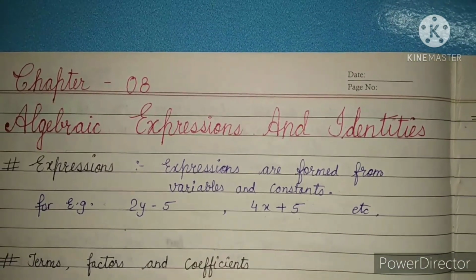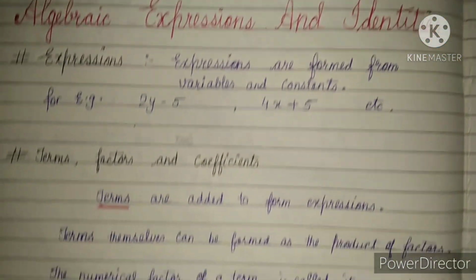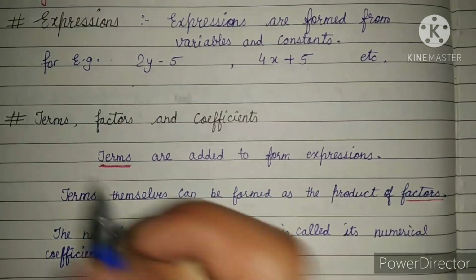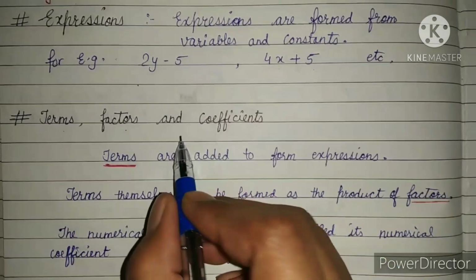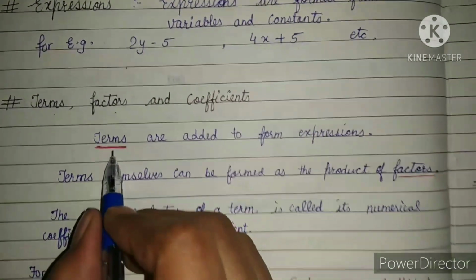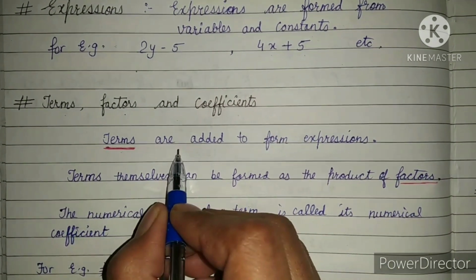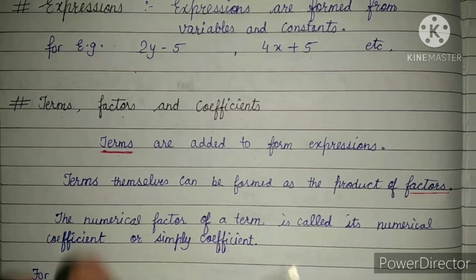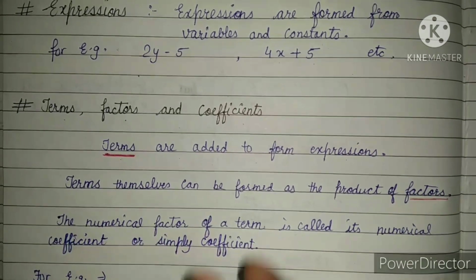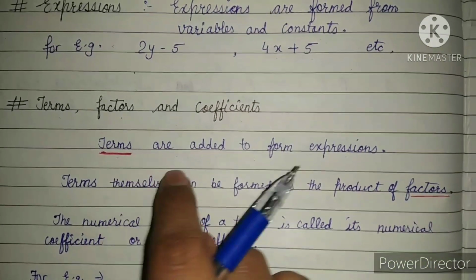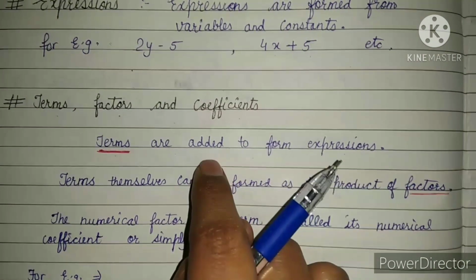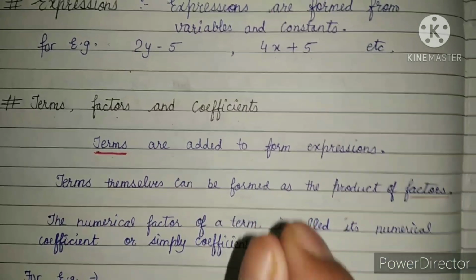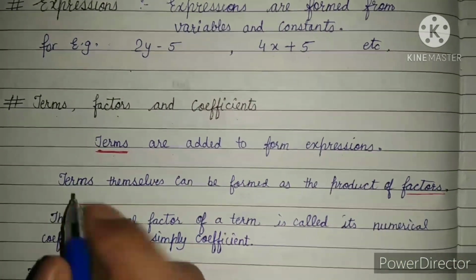Another example we can take. The new thing is terms, factors and coefficient. Terms are added to form an expression. Whenever we are adding different variables and different constants, they are all added together and form an expression. So each one is called a term.